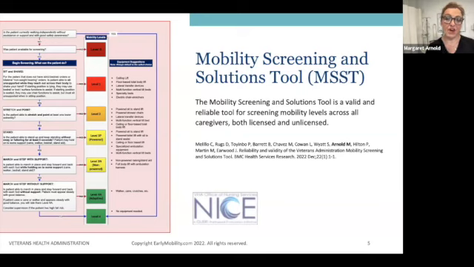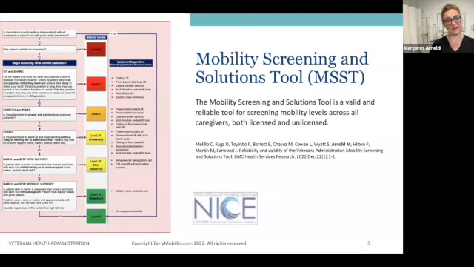However, if they are not walking independently and safely, you start your mobility screen and work through the steps, and you will see that there are basically 5 levels of mobility. Level 0 means the patient is unavailable for testing.